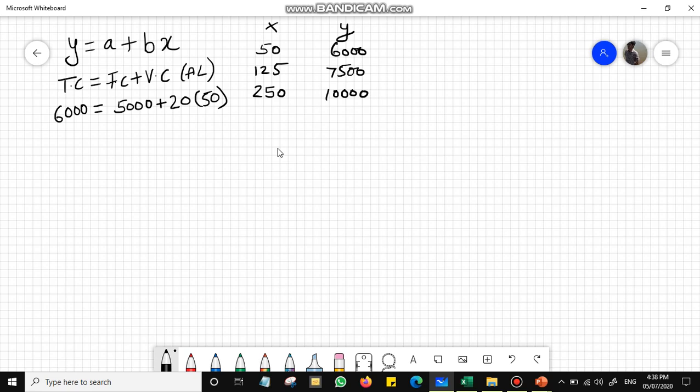Now, the high-low method has a formula which you have to use, which says cost at highest activity level minus cost at lowest activity level, divided by highest activity level minus lowest activity level. Keep in mind that we are talking about the cost at highest activity level and the cost at lowest activity level. We are not talking about your highest and lowest cost.